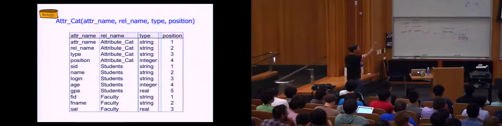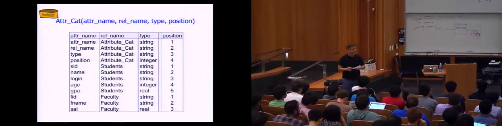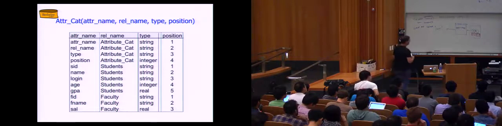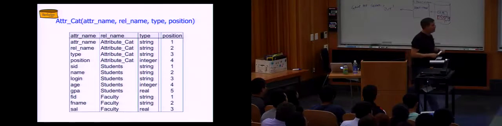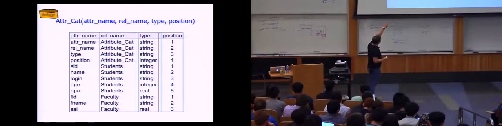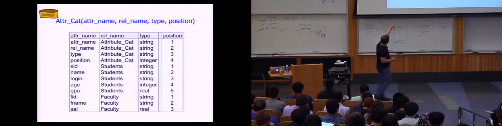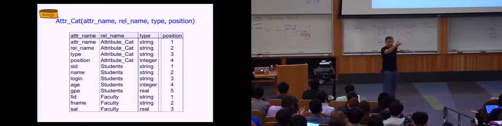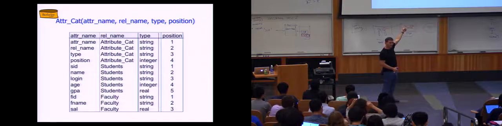So the book has a made-up catalog table here called AttrCat. This is the catalog table of attributes. What do you need to know about attributes of tables? Well, what is the name of the attribute? What table, what relation is it in? What is the type of that attribute, and what position is it? Is it the first, the second, the third, or the fourth? So this is the table of all columns in the database, according to the book.